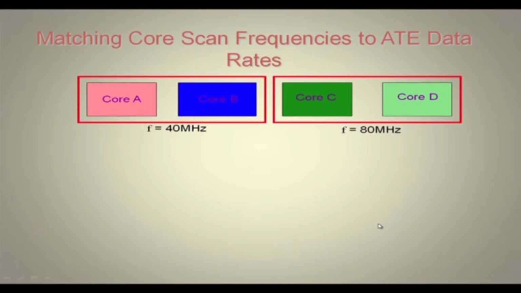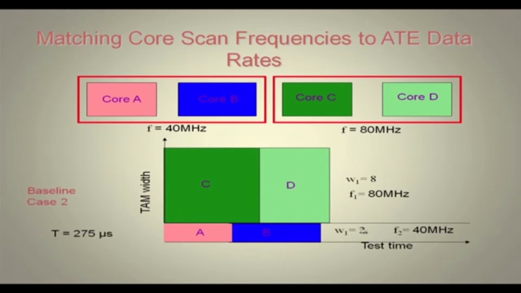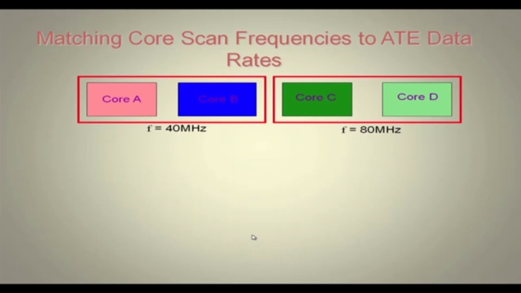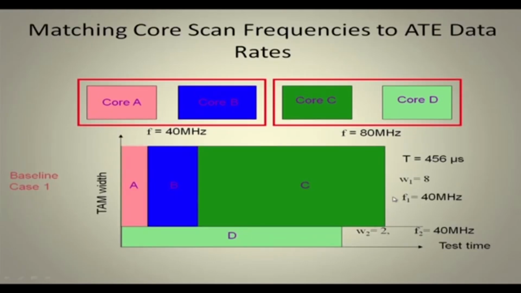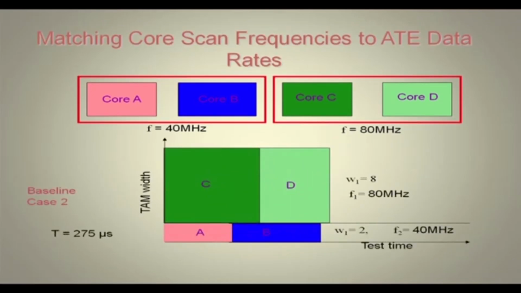Now, in another case, we do the schedule in a slightly different fashion. We put core C and core D on this 80 megahertz part with width 8. In the previous example, both F1 and F2 were 40 megahertz, so none of them were put on the fast channel.